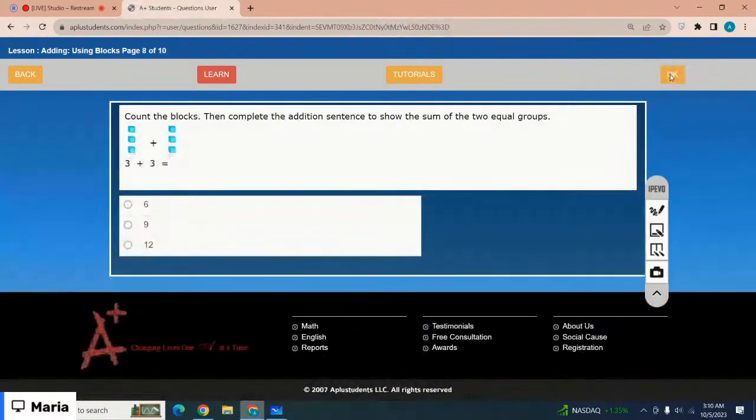The next one is 3 plus 3. Which is the correct option? 3 plus 3 makes 6. Very good. The correct option is 6.